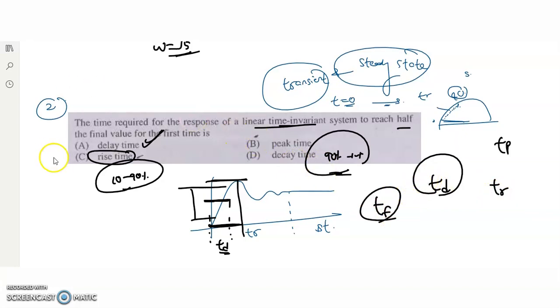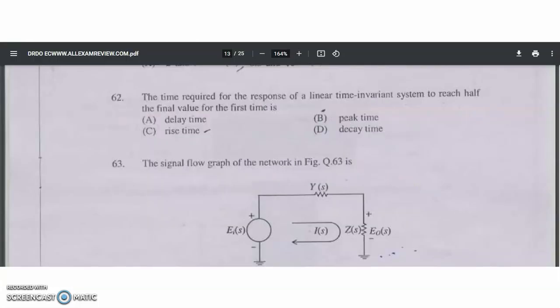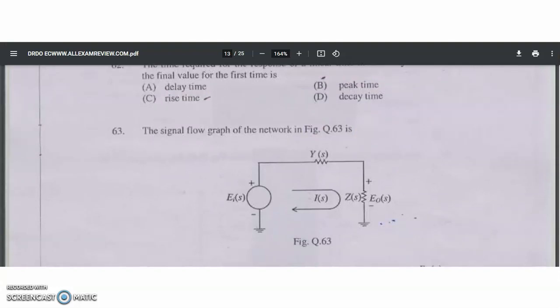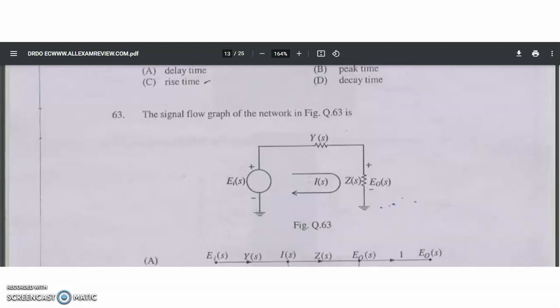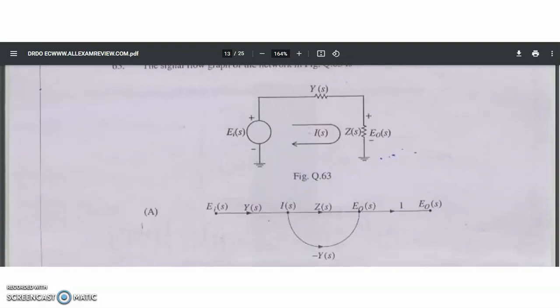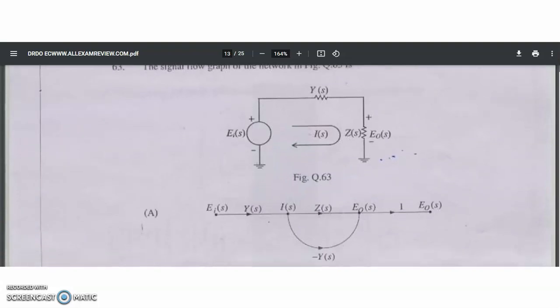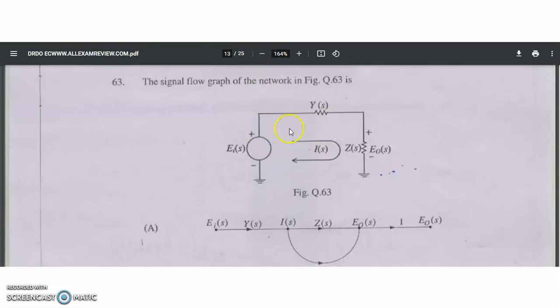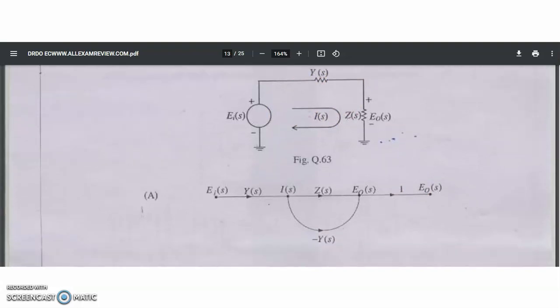Got it? And next, coming to the next question, you may check it down, guys. Please make a note of this question. I suggest you try this question as an assignment, and in the next video I will tell you the answer. So pause the video and make a note of this question, guys. The signal flow graph of the network is: here the network is given and you need to find the signal flow graph for it, and the options are also given.